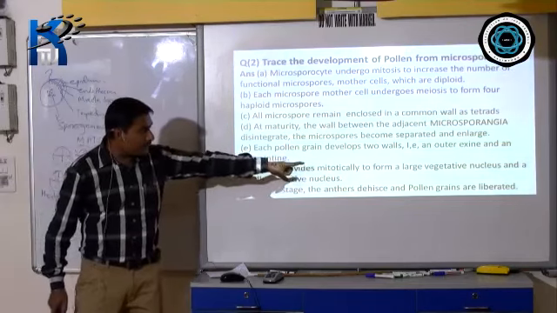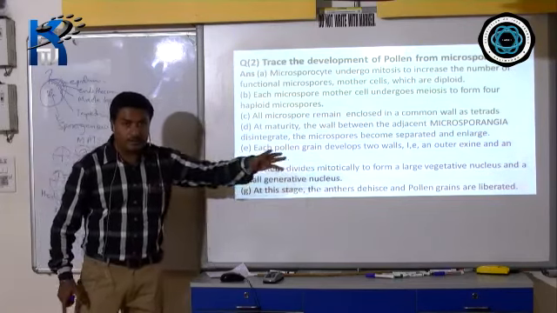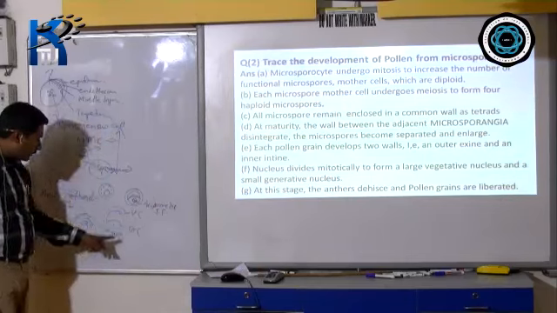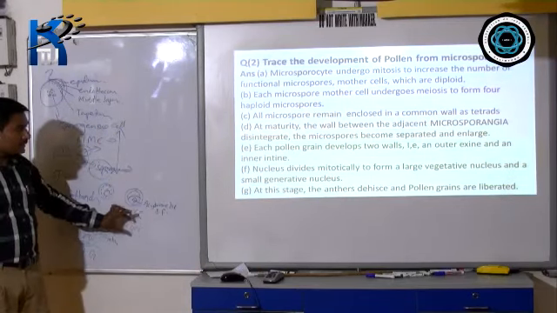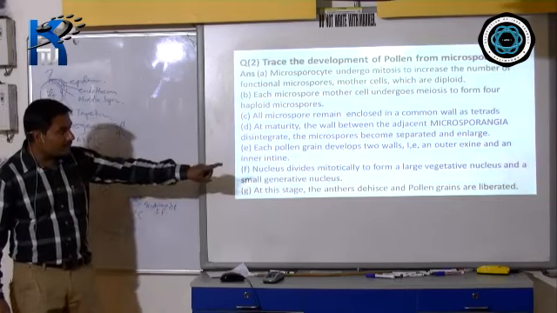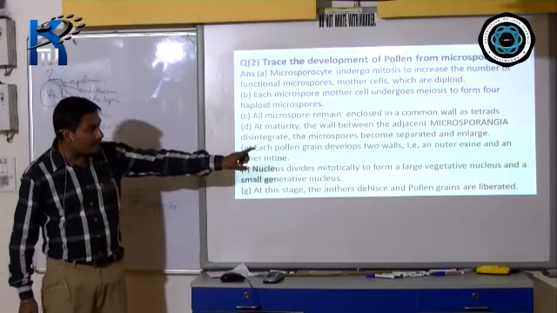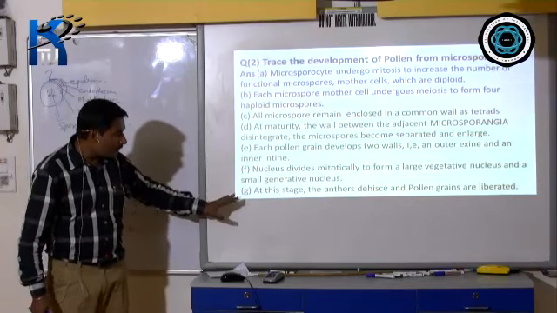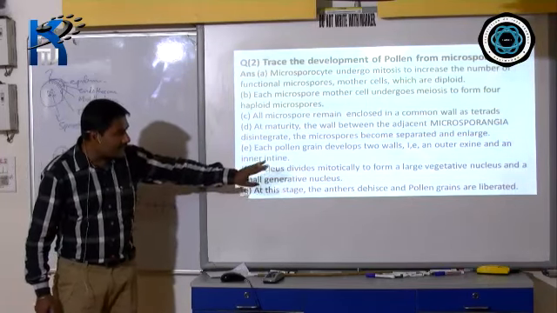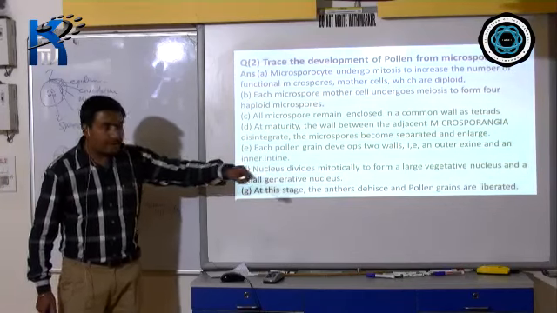The nucleus divides mitotically. Due to asymmetric spindle fiber, one of the cells will be bigger and one will be smaller, forming a large vegetative nucleus and a small generative nucleus. Then at this stage the anthers dehisce and pollen grains are liberated.